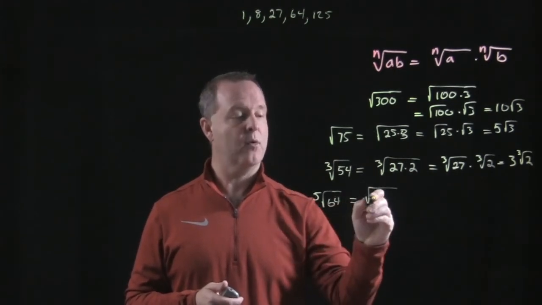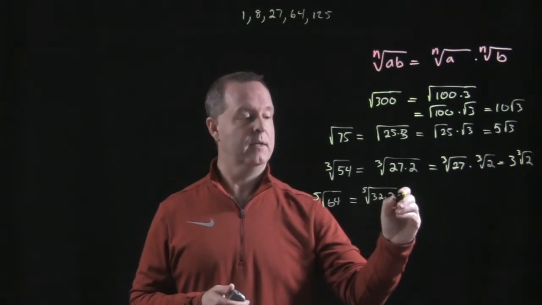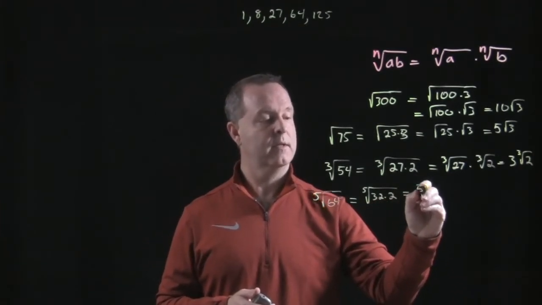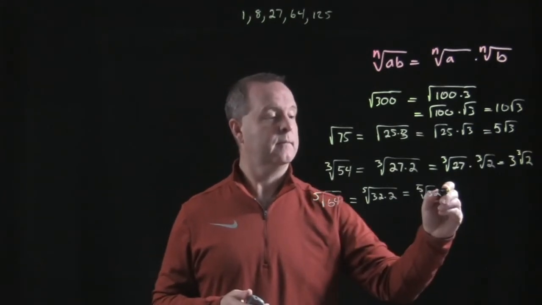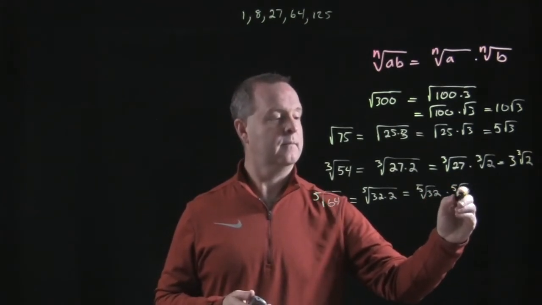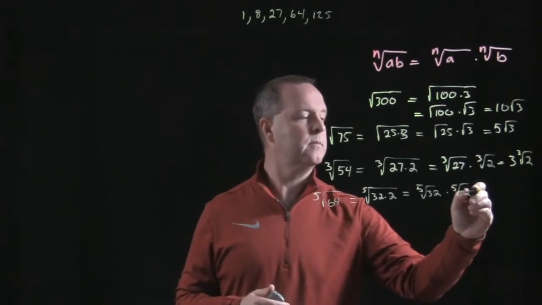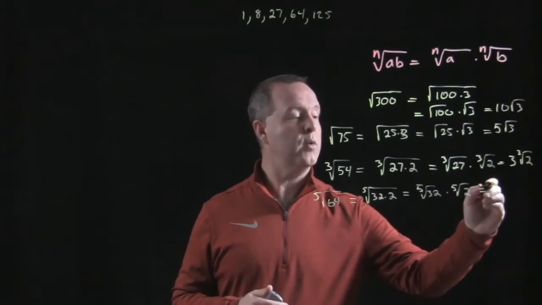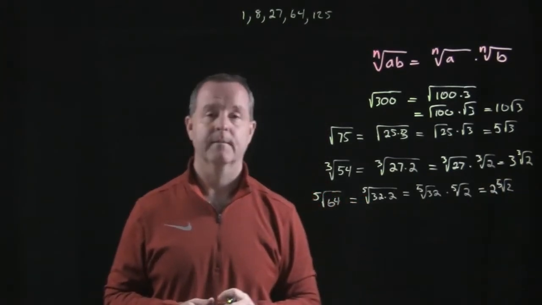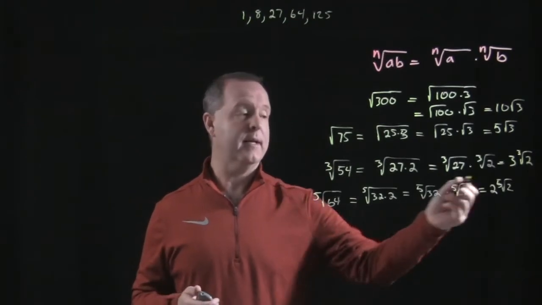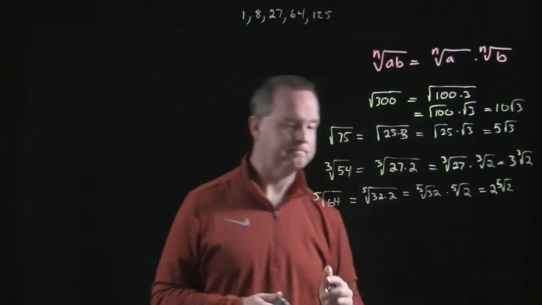So I'm going to rewrite 64 as the fifth root of 32 times 2, because I know that the fifth root of 32 is a perfect fifth: 2 times 2 times 2 times 2 times 2. And then I'm left with the fifth root of 2. I can't simplify that any further because there are no factors of 2 that are perfect fifth numbers.